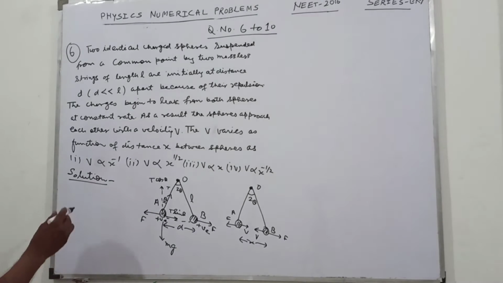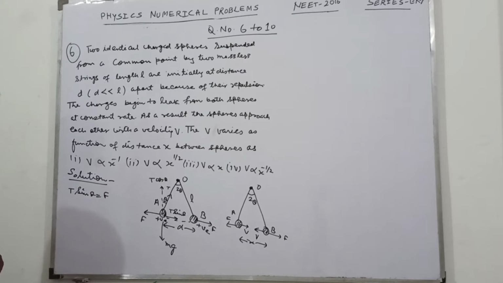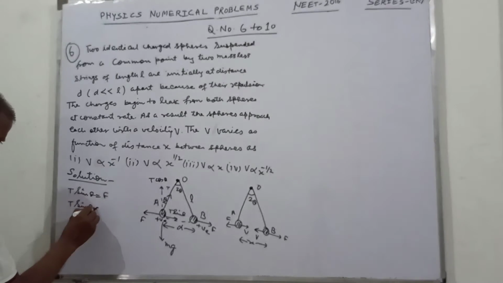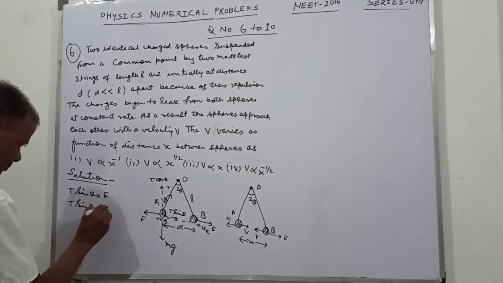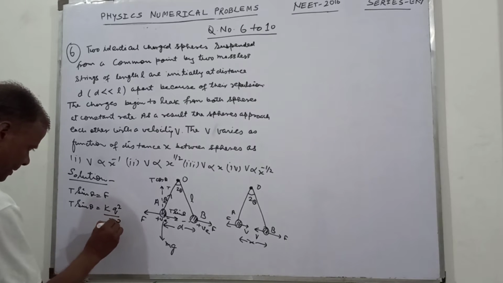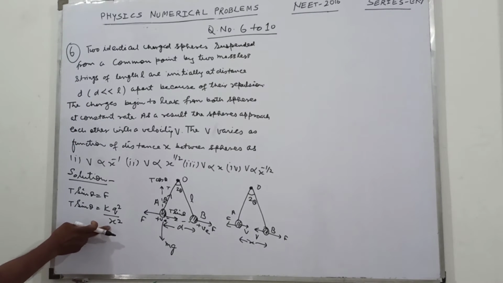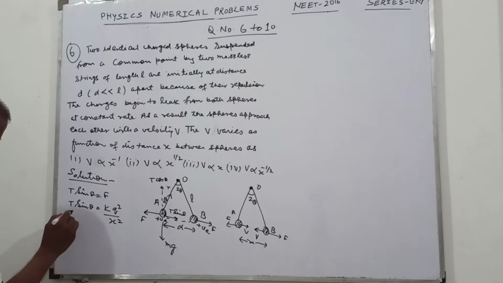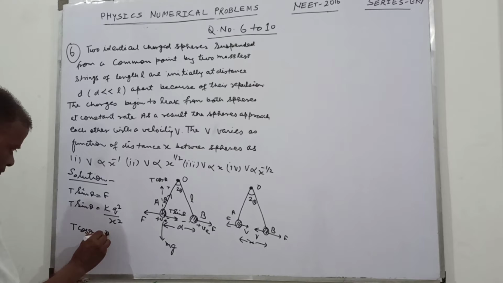So we have T sin theta equal to F, so T sin theta equals kq square upon x square, where the distance between the spheres is x. And then T cos theta equals mg.